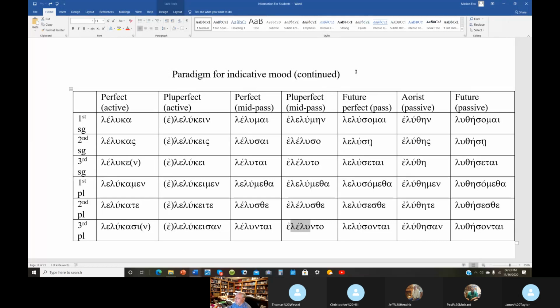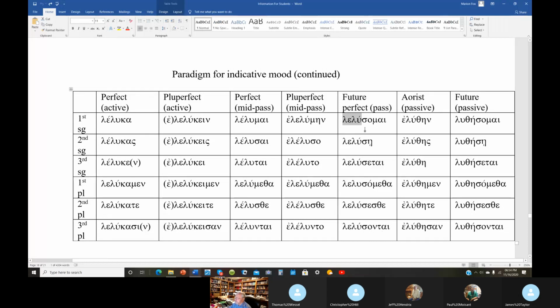Okay. All right, let's go to the future perfect passive. These forms won't all be in the New Testament, okay? So right here there's your stem. And so what we have is somai, sē, setai, somatha, esthe, sontai.